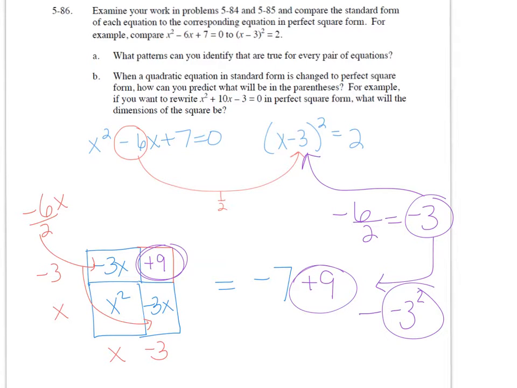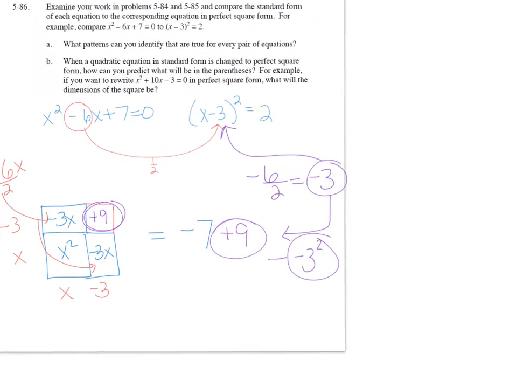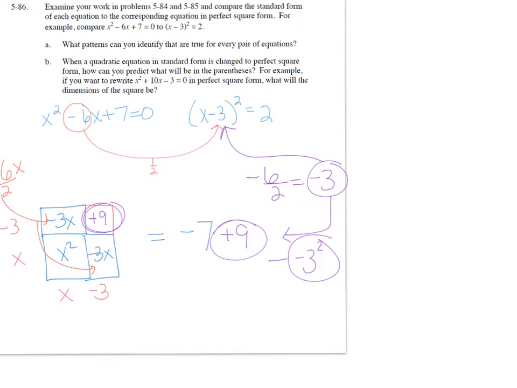So however you want to write down your observations for that, or however you already did write down your observations, that's great. Then I can explain it more when I come back on Monday. Okay, and the other example was if you want to rewrite x squared plus 10x minus 3 in perfect square form, what will the dimensions be? They'll be x plus 5 and x plus 5.